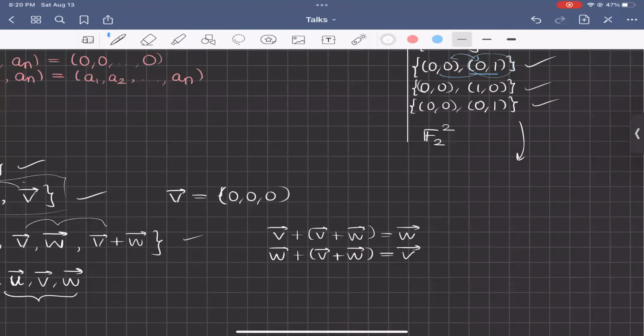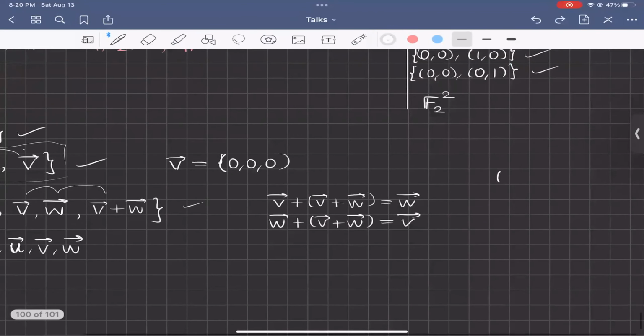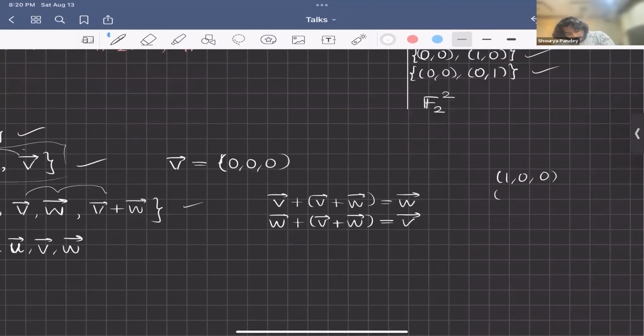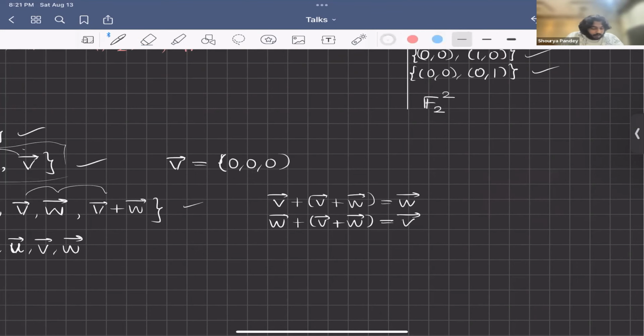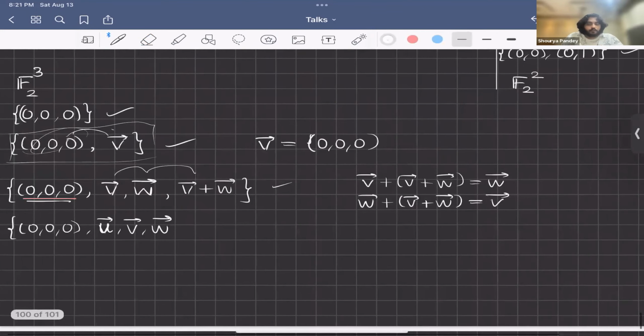Just as an example, here, 1, 0, 0; 0, 1, 1; and 1, 1, 1 are not linearly independent because their sum is 0. So there is a scalar 1 and scalar 1 such that their sum is 0, 0, 0. So these are linearly dependent. So let's say U, V, and W are linearly independent, right? So something like 1, 0, 0; 0, 1, 0; and 0, 0, 1.